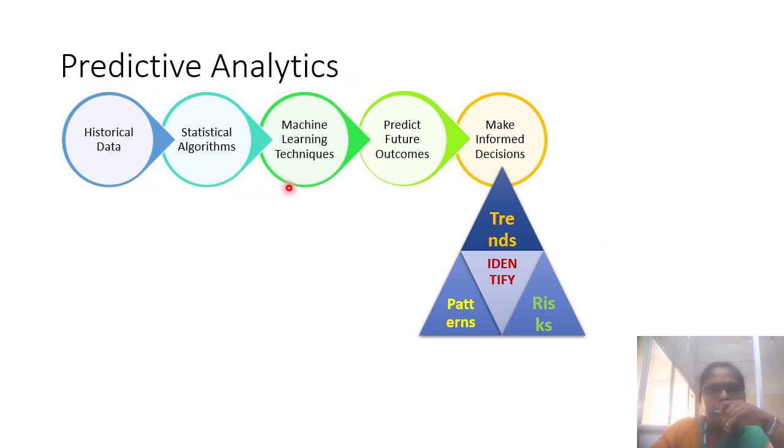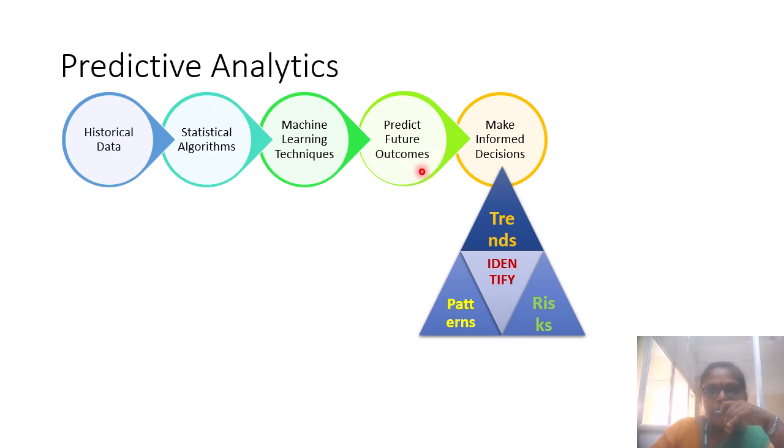The flow of any predictive analytics will be like this. First comes the historical data, to which we will apply statistical algorithms, then go for machine learning techniques. We have to predict our outcome.